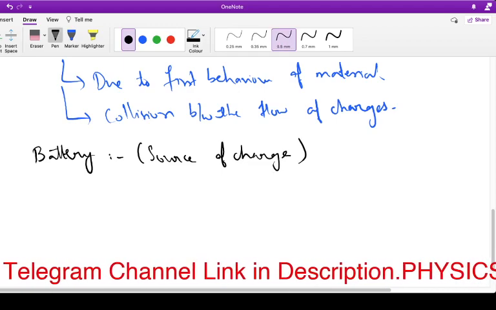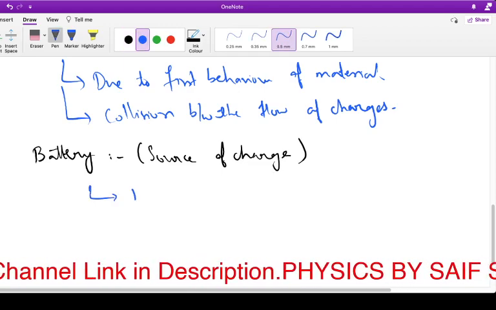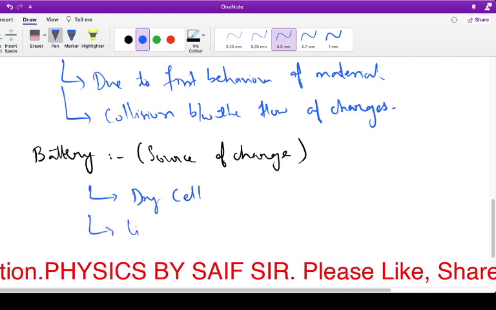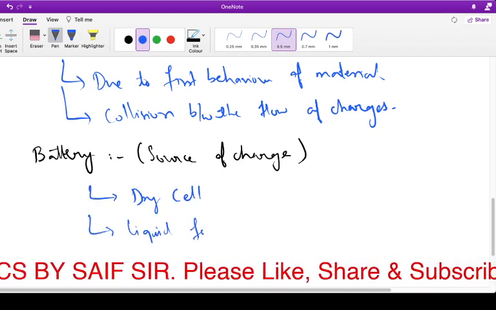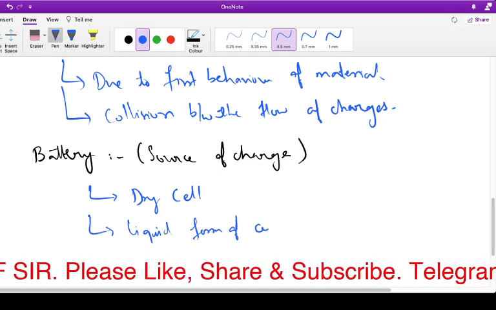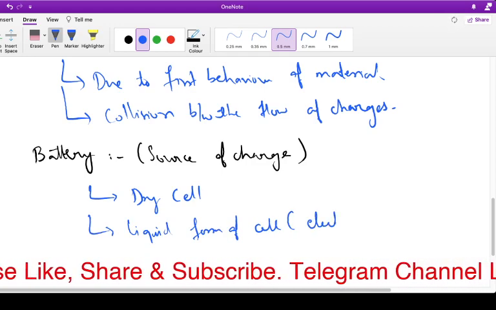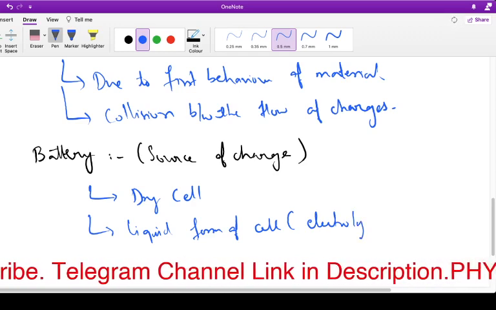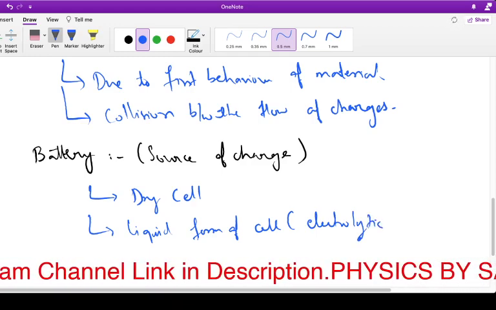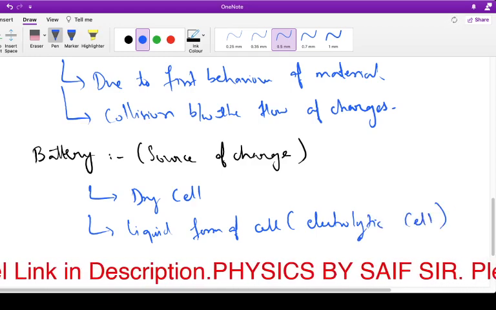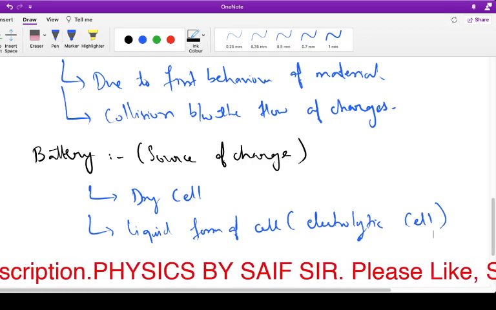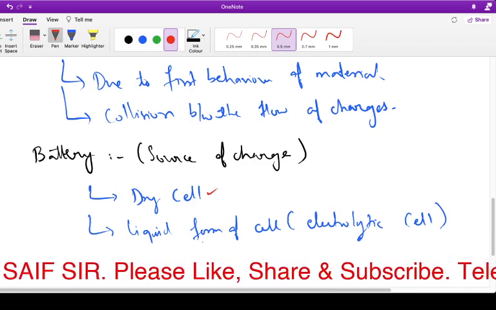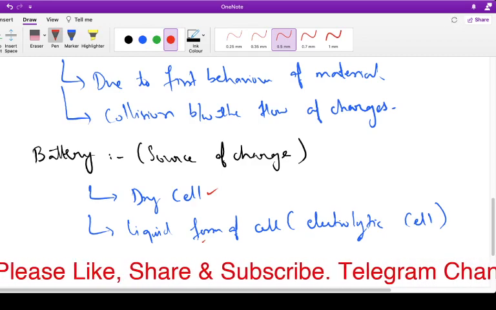Basically there are two types. One is the dry cell and the other is the liquid form of cell, which is called an electrolytic cell.